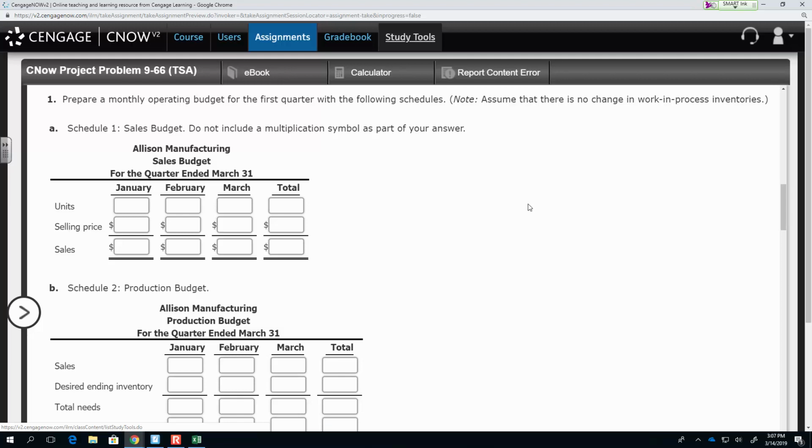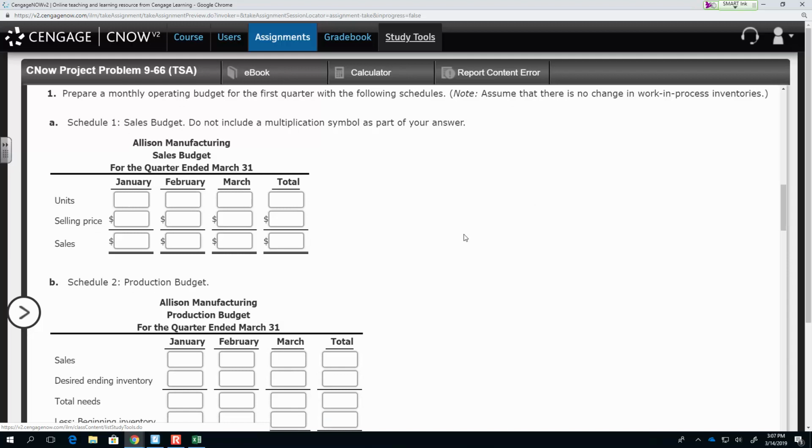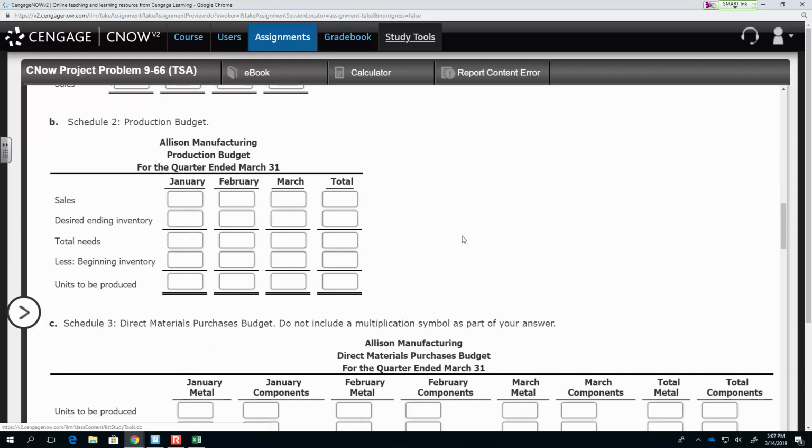So how it shows here is how your Excel spreadsheet should look. That make sense? I know our Optima is a quarter, quarter, quarter, and then year. Our problem, though, is month. That flows into Schedule 2, our production budget, also by month, January, February, March, with a total for the quarter.